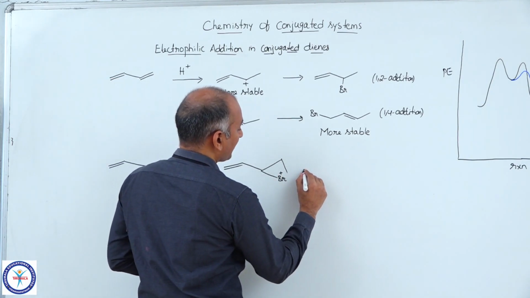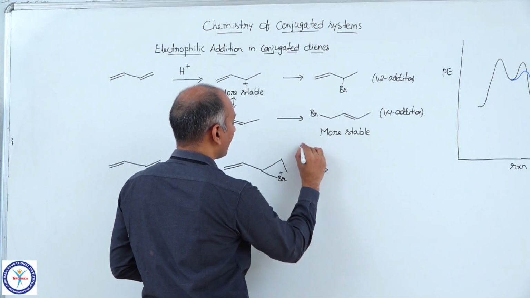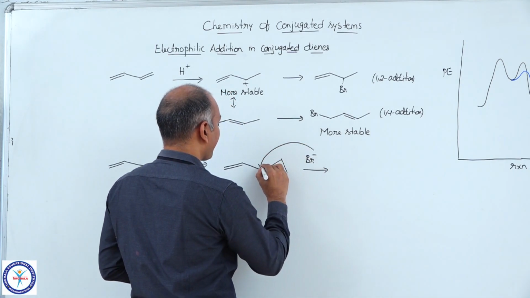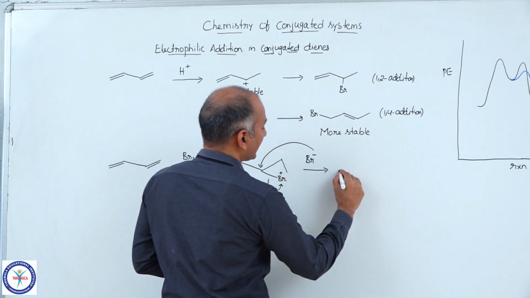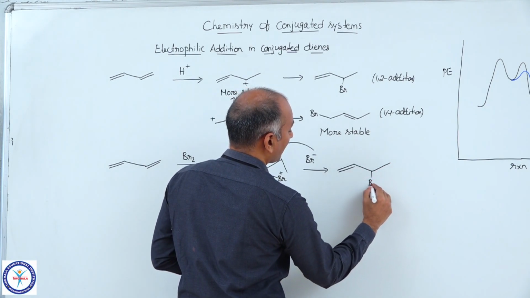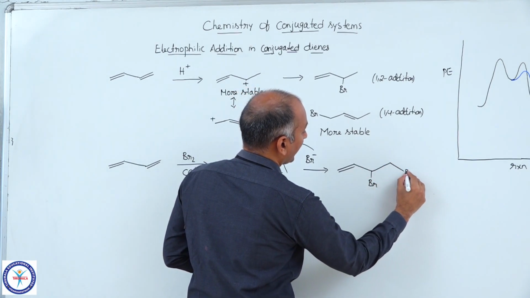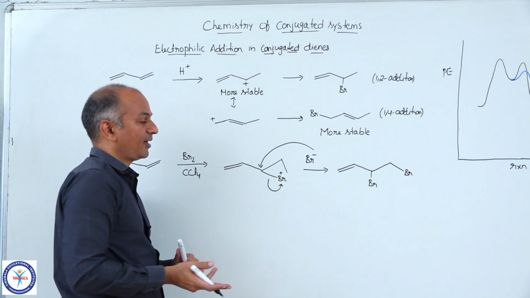You see, suppose Br minus attacks this carbon, now this bond is broken, and as a result you will get a compound with one Br here and another Br here. So the 1,2 addition product.